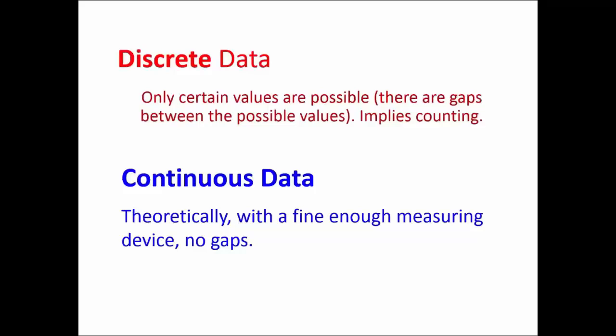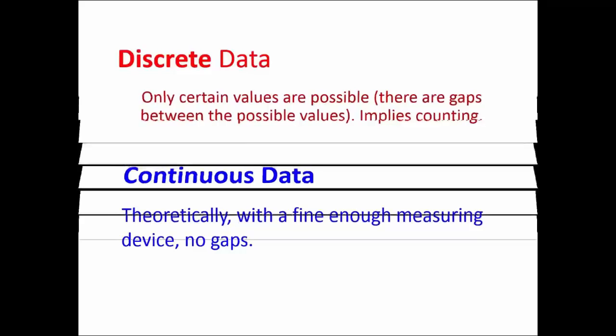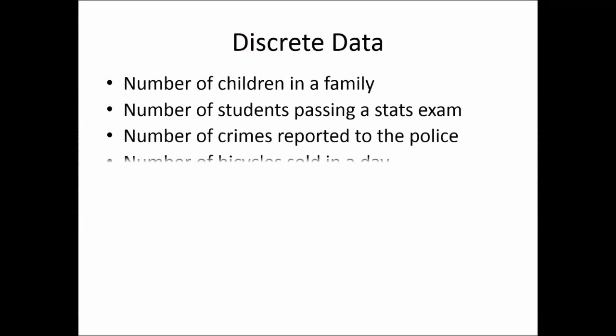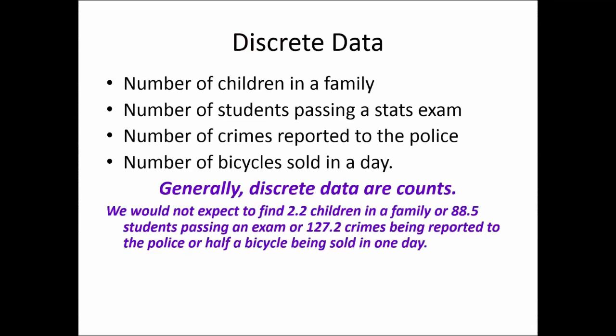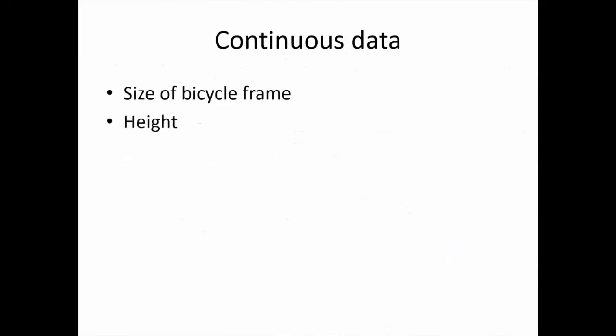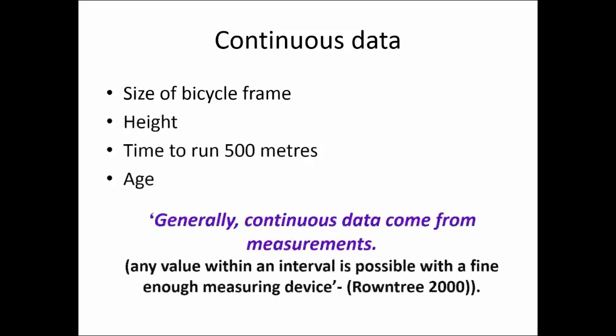So the quantity is continuous where you're measuring something, and if you could have a measurement tool that made it precise enough, there would be no gaps in that data. Discrete data is things like children in a family, crimes reported in a day, bicycles sold in a day, so they're counts. Whereas continuous data, if you could measure close enough, there would be no gaps.